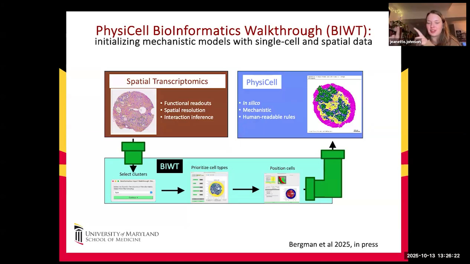Xenium data import, which I'm now doing, is much better at giving you single cell. This information should be able to be used to specify cell types and arrangements in an agent-based model too. So Daniel Bergman in our group developed the tool that lets you do this point and click.